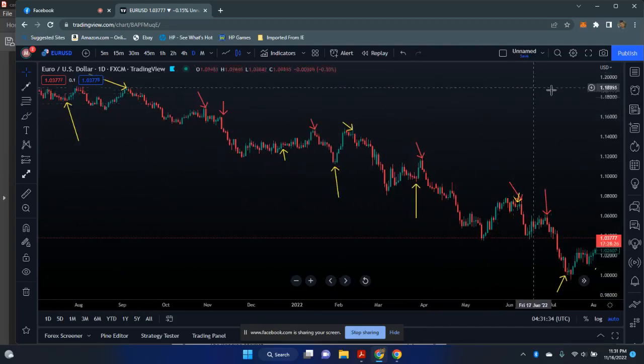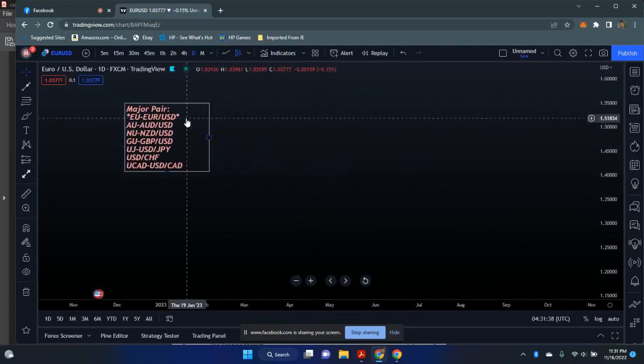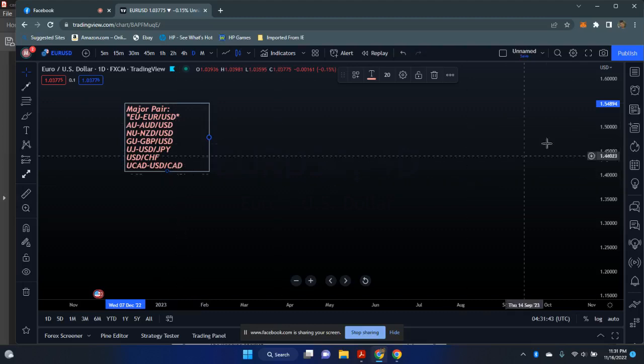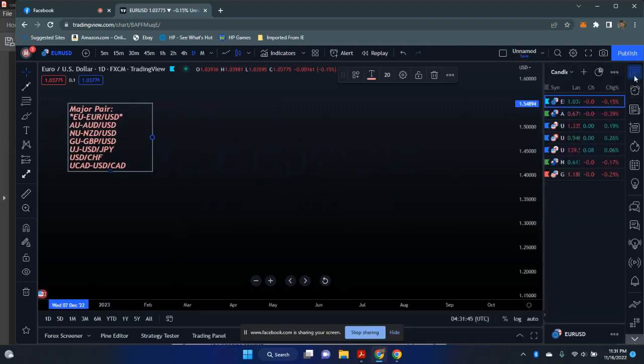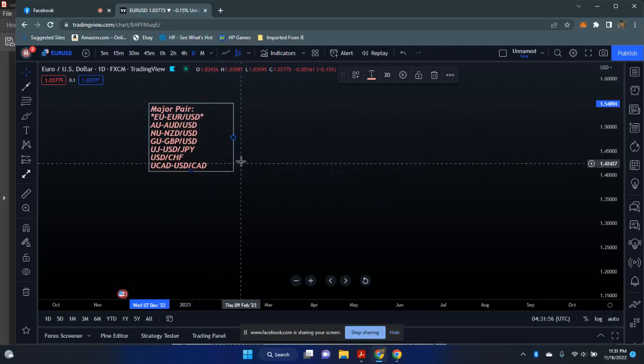So you have your homework. You have your pairs, which are your major pairs. You can choose any of these pairs here. I don't want you to look at anything else. I want you to go over only these 7, because these are your major pairs. These will be some of the pairs you may start off trading.